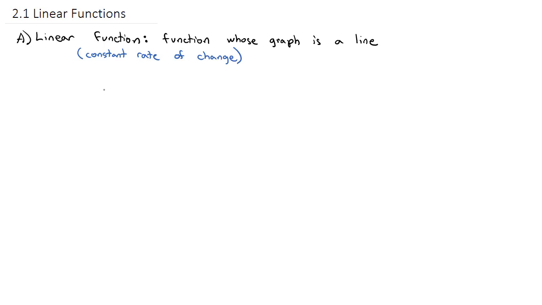Linear functions always have the form of y equals mx plus b, or f of x equals mx plus b. Now for both of these, the m represents that important rate of change, or another name for it is the slope.